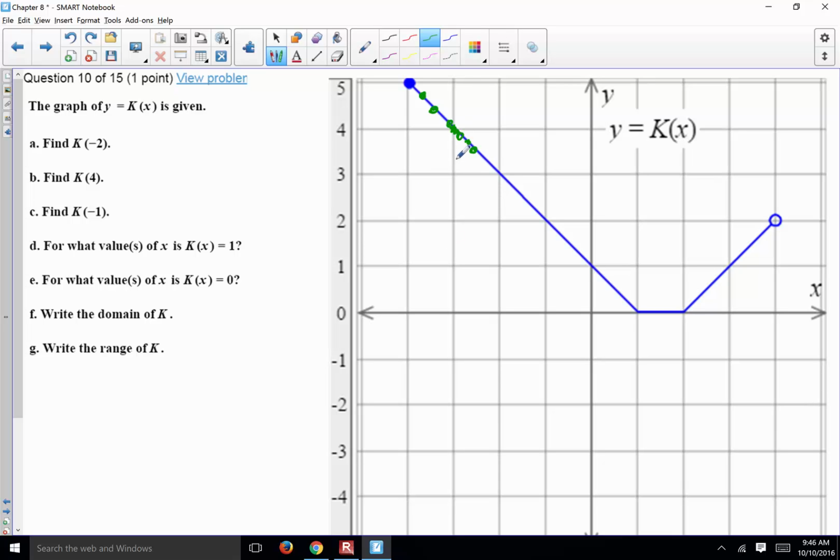Each dot has x and y coordinates, like minus 3.5 and 4.75. So every dot has an x coordinate and a y coordinate, in decimals or whole numbers.